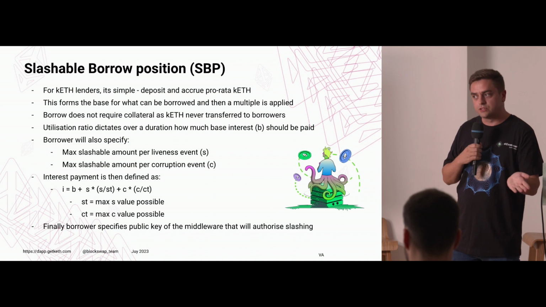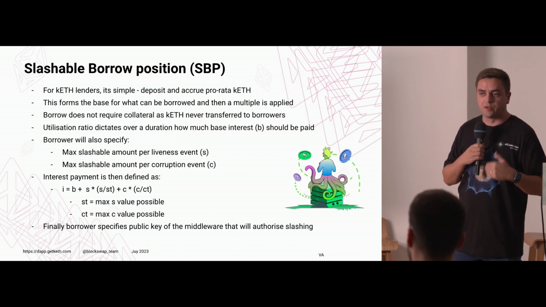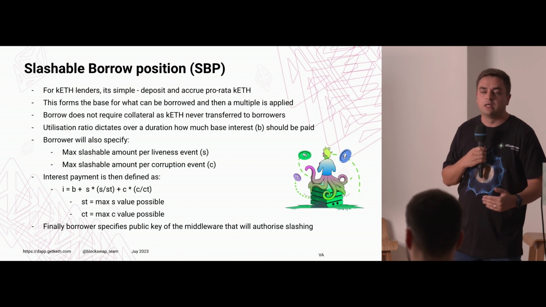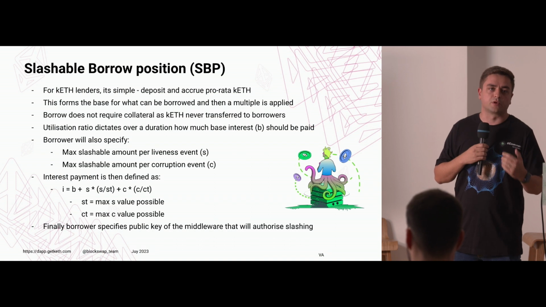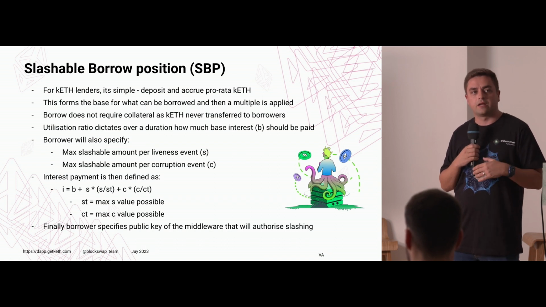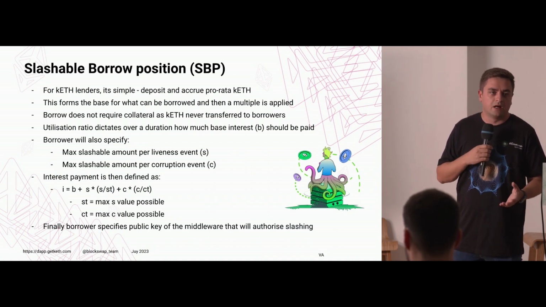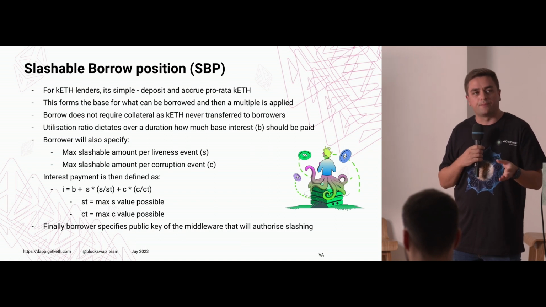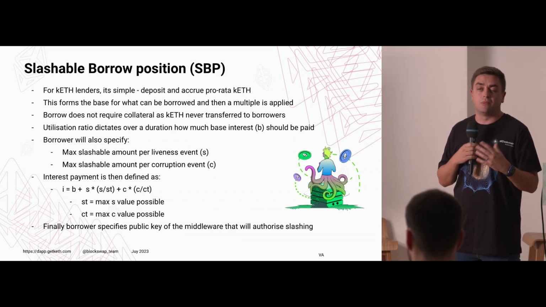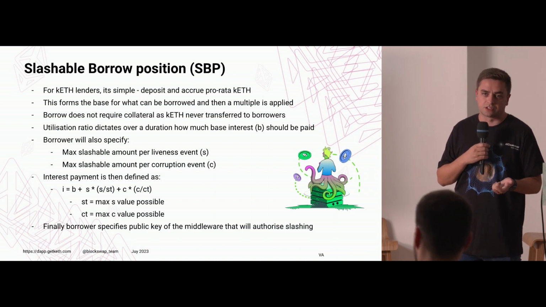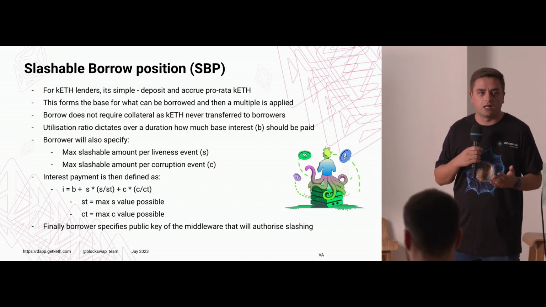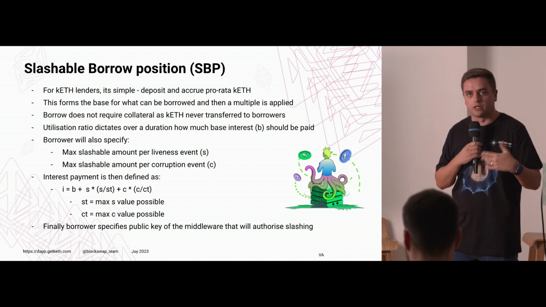How much you can borrow, because the kETH is not leaving the pool, will be multiples of what is being lent to the pool. Because if you look at, for example, the Ethereum consensus layer, even though validators are putting 32 ETH stake, whenever there is a penalty applied by the consensus layer, in most cases, the penalty is relatively small compared to the initial stake. If you're offline, you're not going to start hemorrhaging 1 ETH at a time.